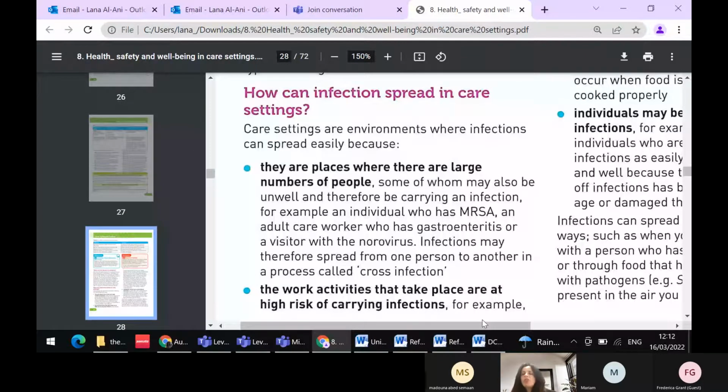Also, if any of these people has an infection and they are in a large group of people, if we don't isolate them and keep them with a large number of people, this will spread infection. For example, if a care worker who has a disease or illness didn't isolate, didn't stop going to work, and didn't inform their manager, that will spread the infection very fast.